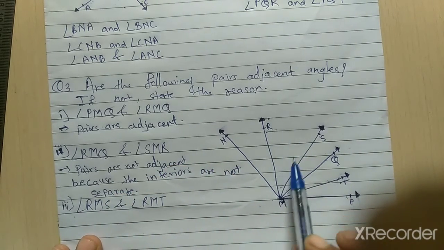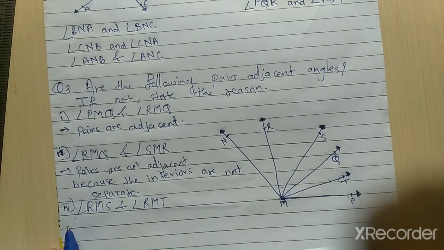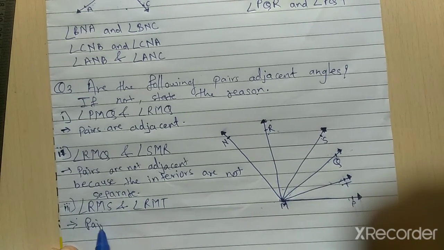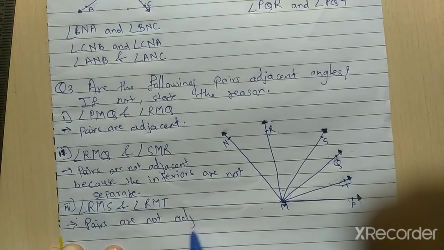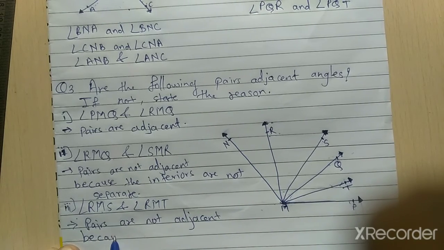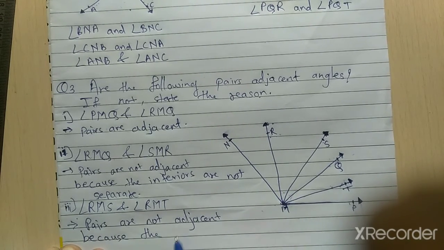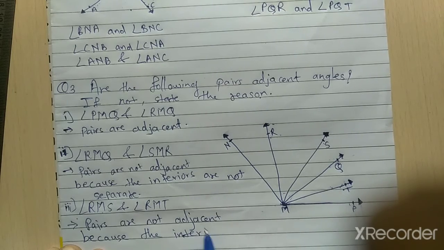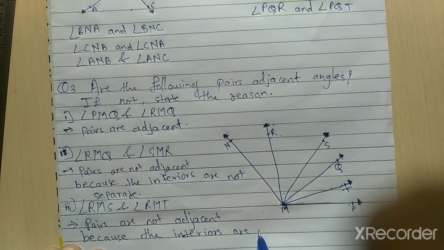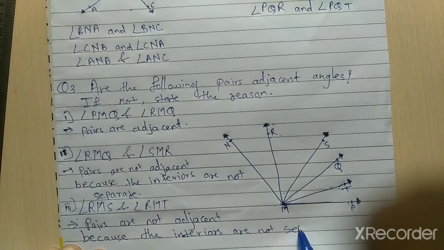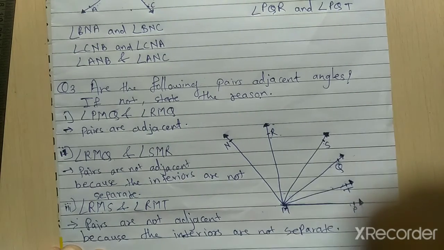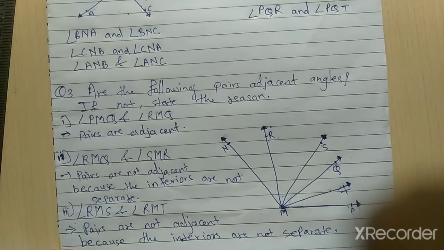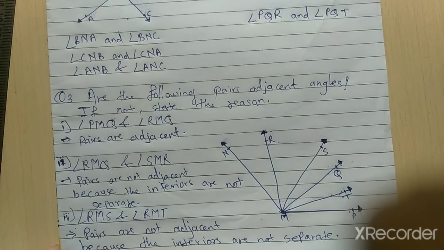Again the same interior is common. So the pairs are not adjacent because the interiors are not separate. Okay. Now the fourth one you have to solve. Thank you.